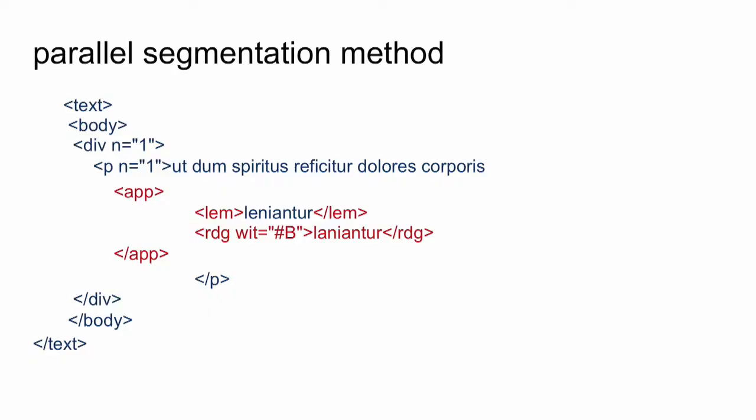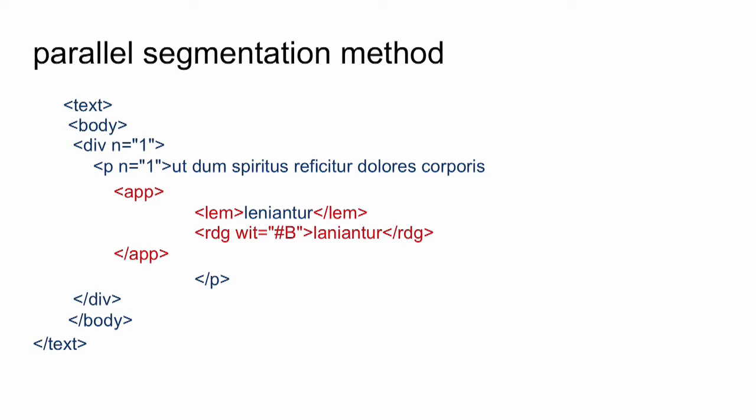But the drawback of this method is that it's quite complicated to encode it by hand unless you have some kind of specialized software, because you have to put in place each anchor and give it an xml:id and not make any mistake when you attach the apparatus to the right ID and so on. So most of the time people use the parallel segmentation method.